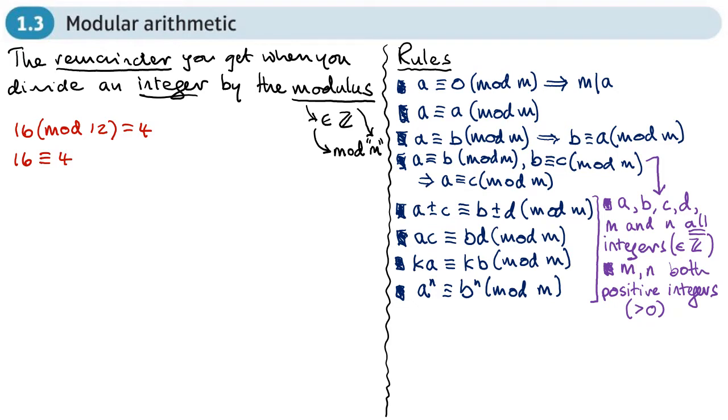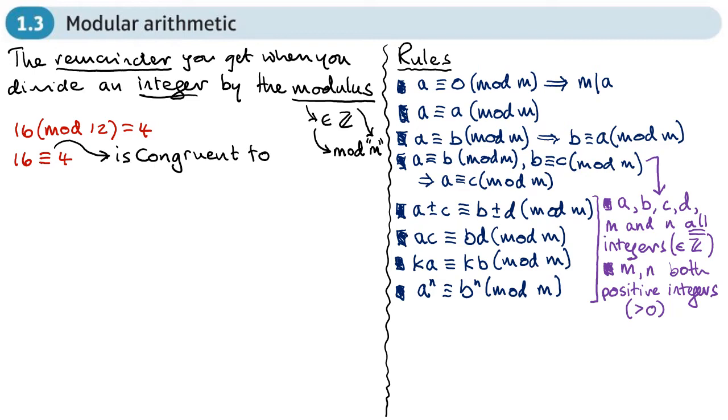Okay, so I'll just write that down. 16, what those three lines mean, is congruent to. You can basically think of it as meaning it's the same number. 16 is congruent to 4. What does that mean?